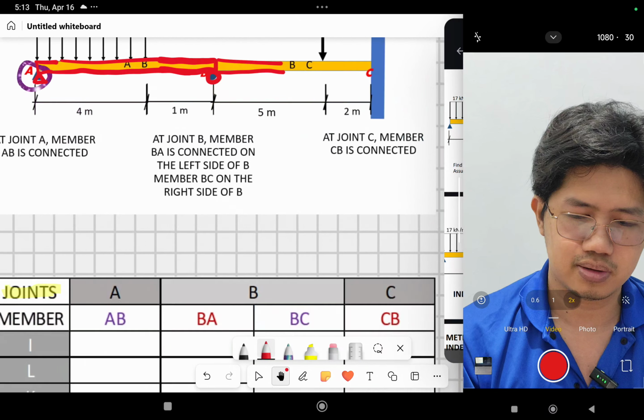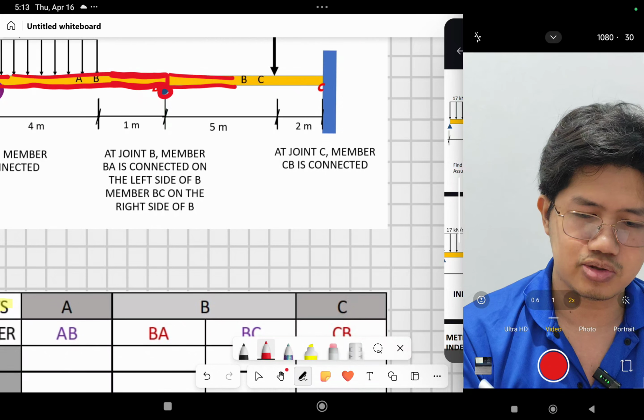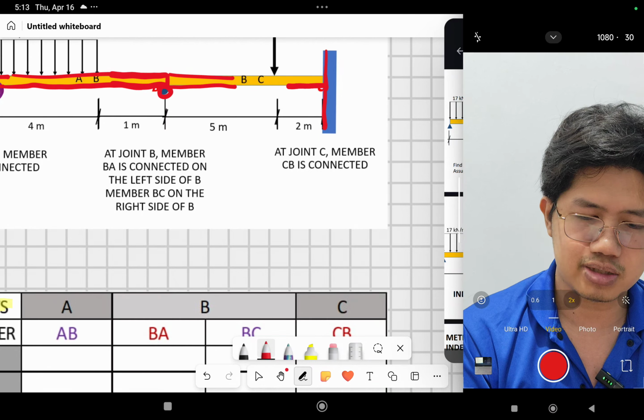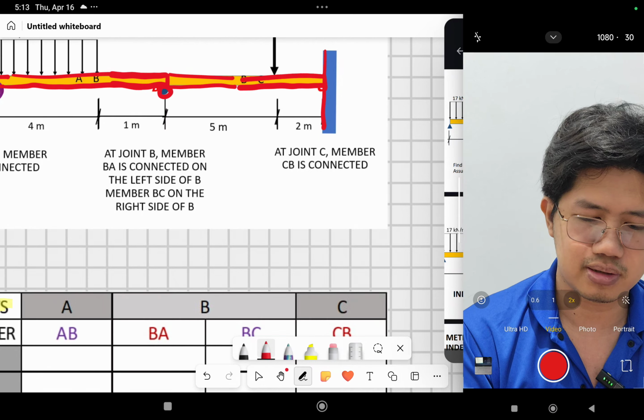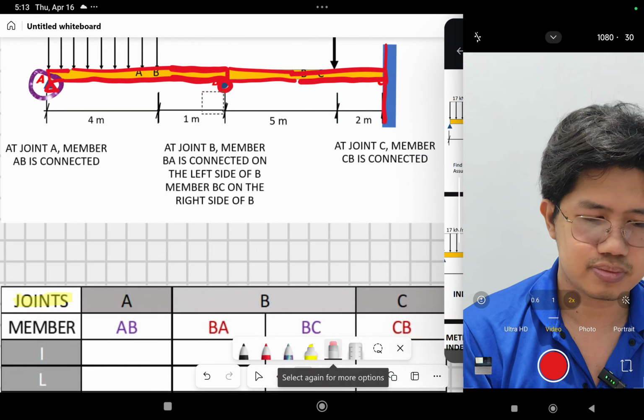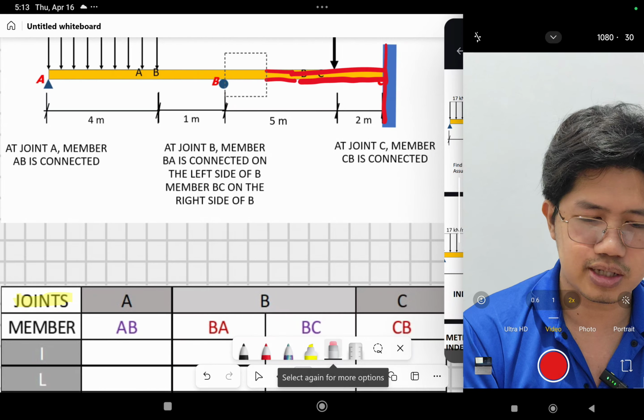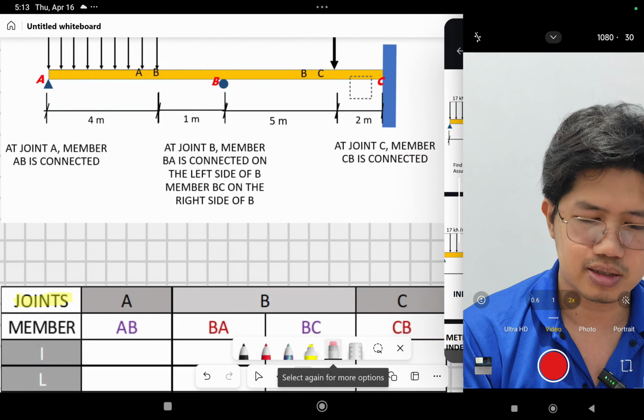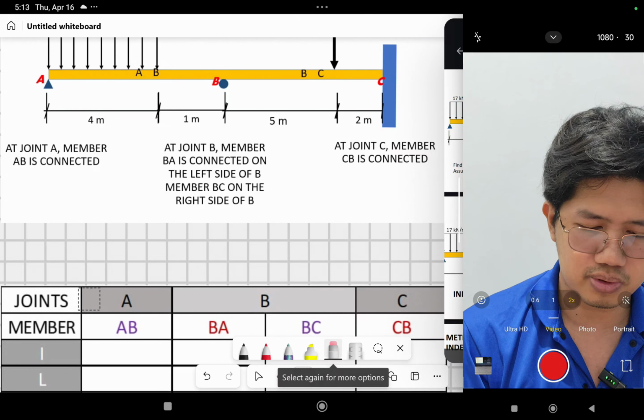Okay, and then at joint C, it is connected with a fixed support and this member right here. Okay, so yung connection points lang nila yung titingnan natin. So the joints are the connection points.